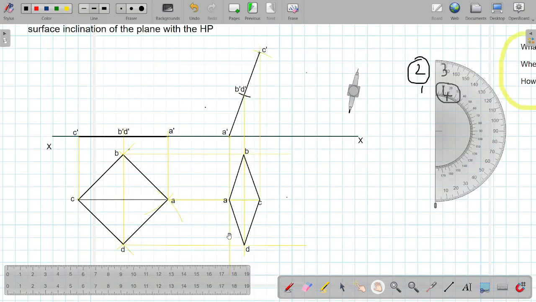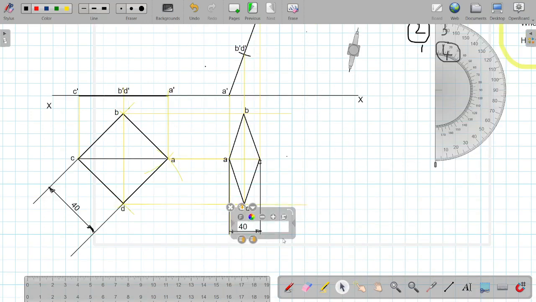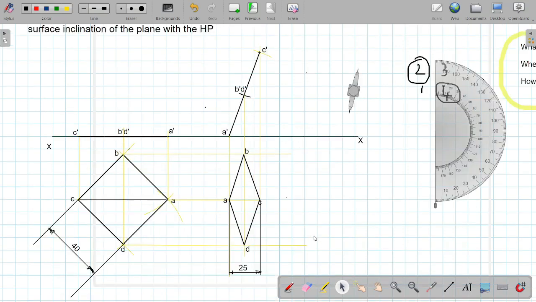So we have made a rhombus with a diagonal containing the corner A to C measuring 25 mm. So finally we have to give the dimensions. Now this completes the construction part.